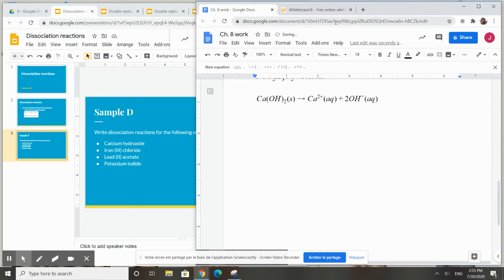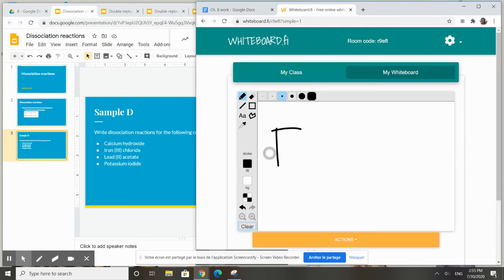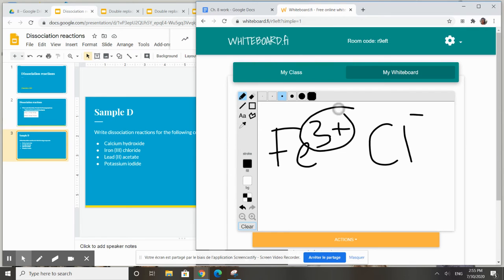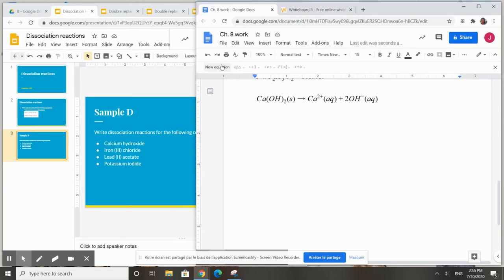The next one, iron 3 chloride. That 3 is the charge of iron. And then I've got chlorine that typically takes on a -1 charge. To get me FeCl3, which I will make a solid.